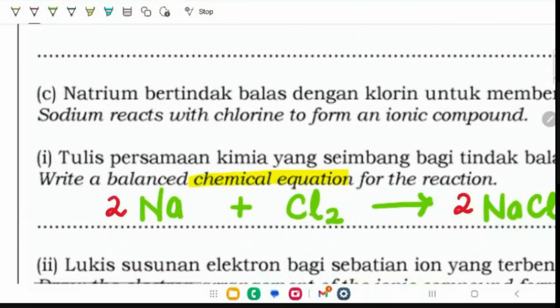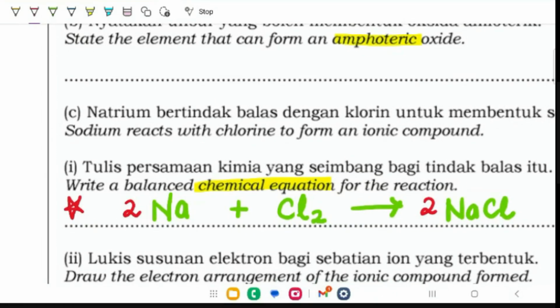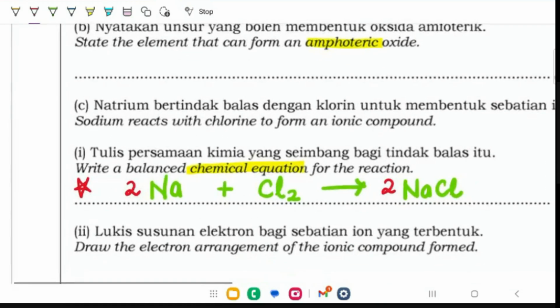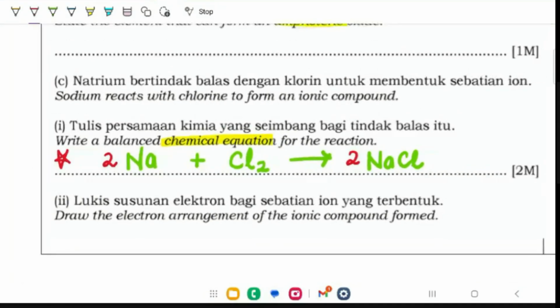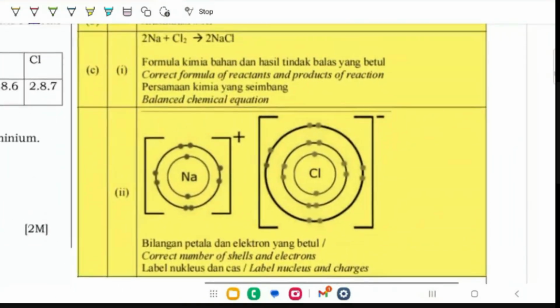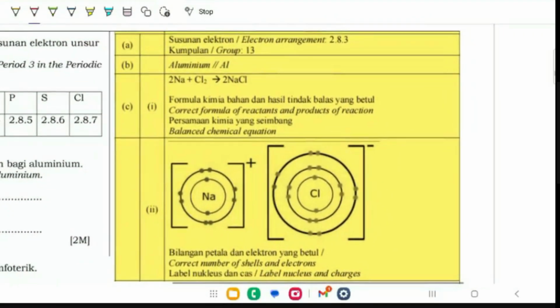So you can see, this formula we learned in chapter 4 already under group 1. A lot of questions in other chapters will ask back the basics. Electron arrangement, sodium chloride, just draw again like this.